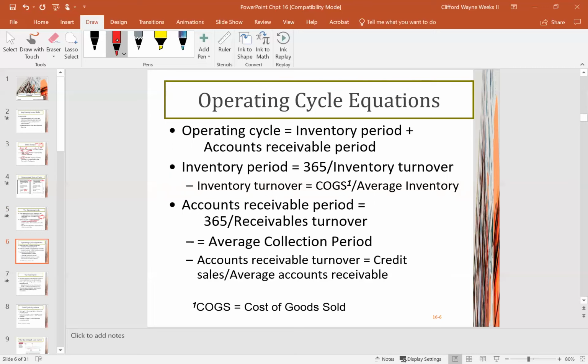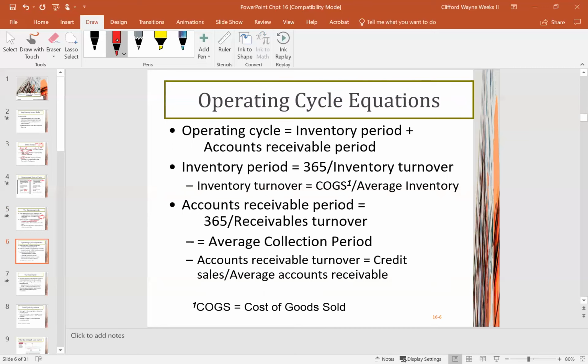If you remember, in Accounting 201 they gave you a long, drawn out equation: they took the average cost of goods sold and divided it by the average inventory. Well, I gave you the quick and easy one.